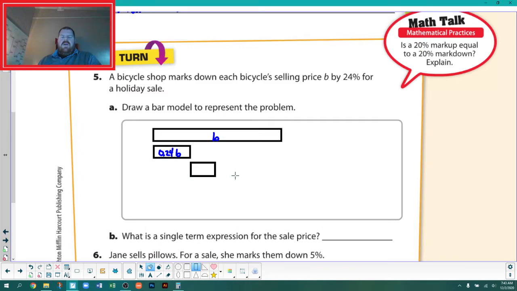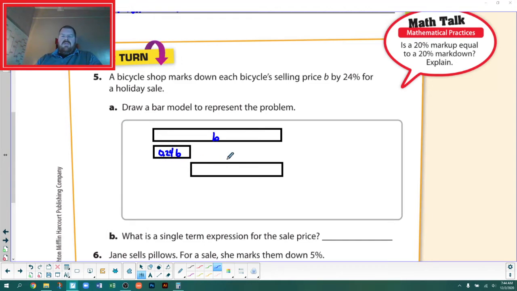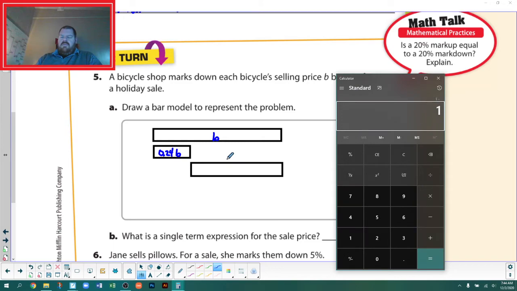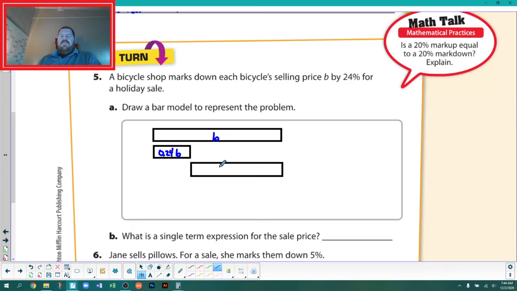So if I go from here to the end of this one, this is what's left over from that whole. And that's going to be, if I take 1B and subtract 0.24, 1 minus 0.24 is 76% of B, or 0.76 times B.